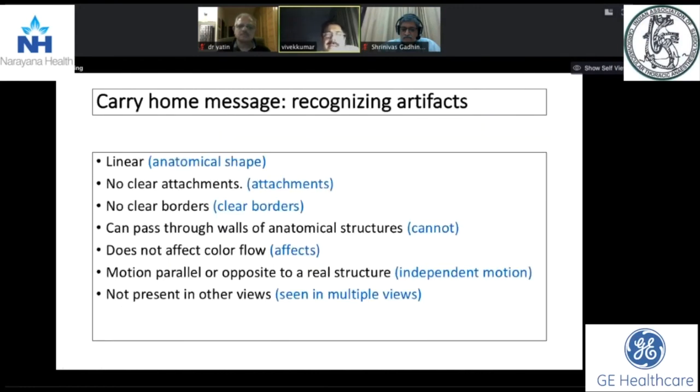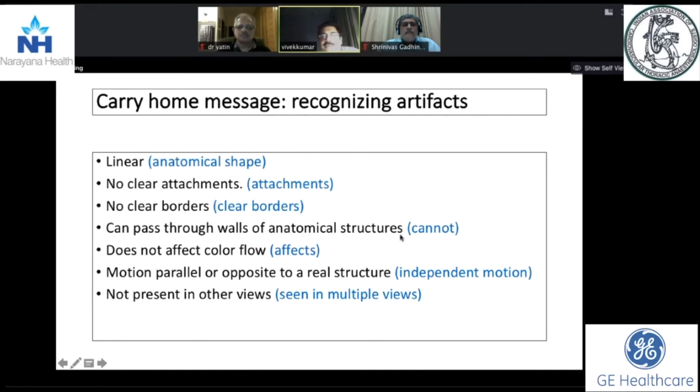So therefore, the carry home message from my side is recognize the artifacts. They are mostly linear, but they will generally not be in any anatomical shape. There are no clear attachments, while a true image will have attachments. There are no clear borders, while true images will have clear borders.